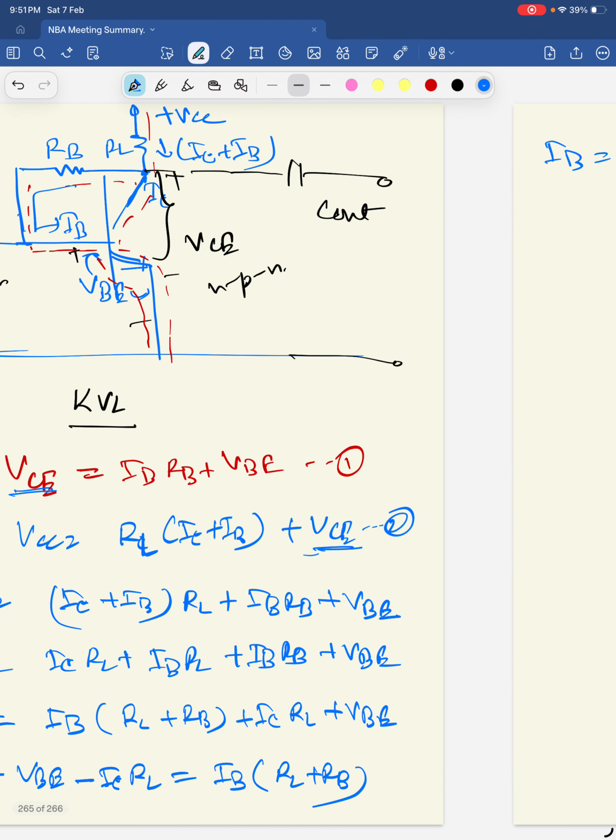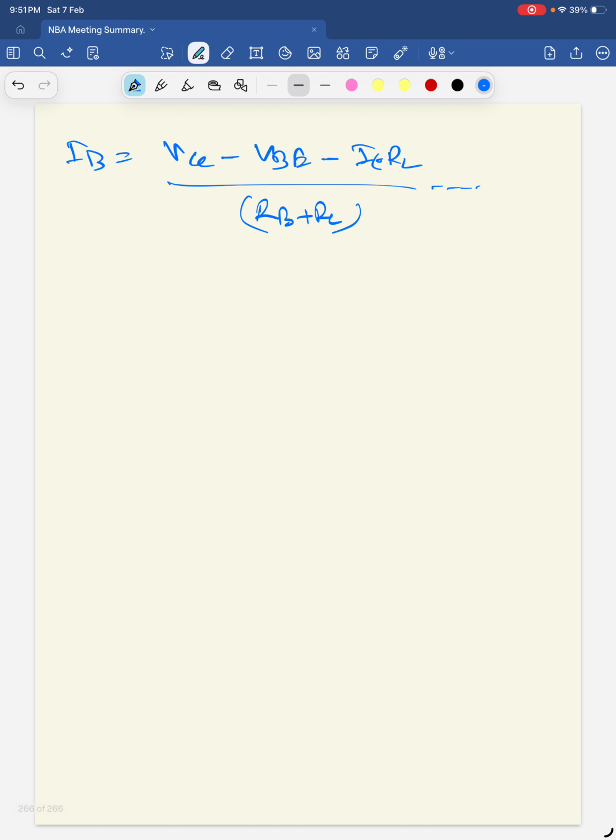So IB is equal to VCC minus VBE minus IC into RL, divided by RB plus RL. So these are the most important expressions. If we number them 1, 2, this must be 3.